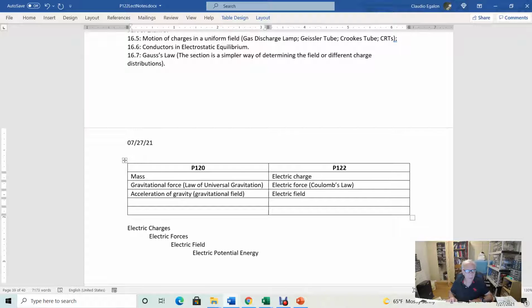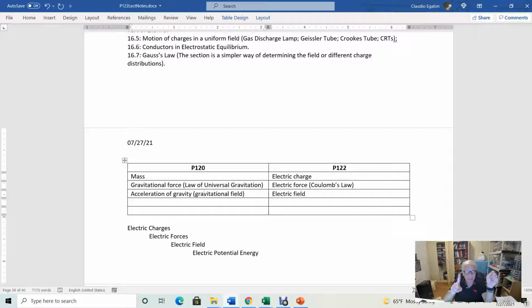The gravitational force must be between at least two masses. The electric force must be between at least two electric charges. But when it comes to the acceleration of gravity or the gravitational field, you don't have to have two masses. It can be the gravitational field of at least one mass.